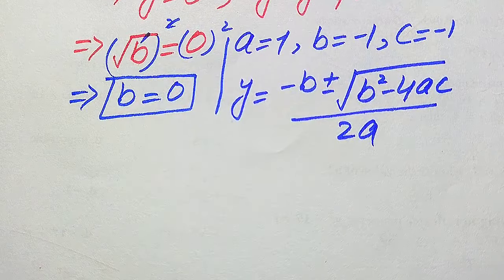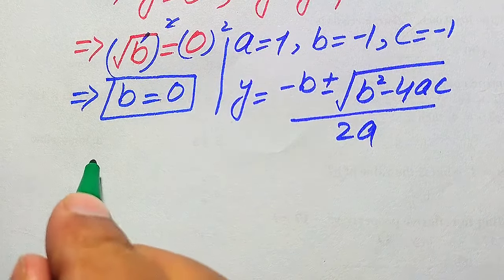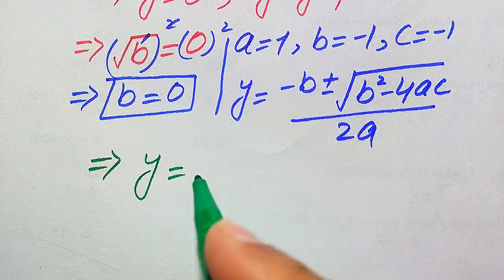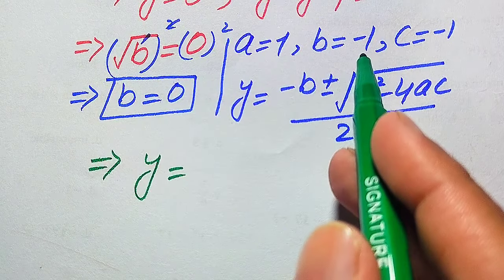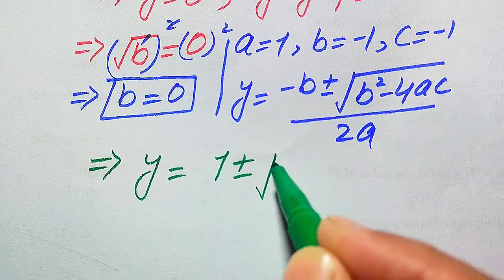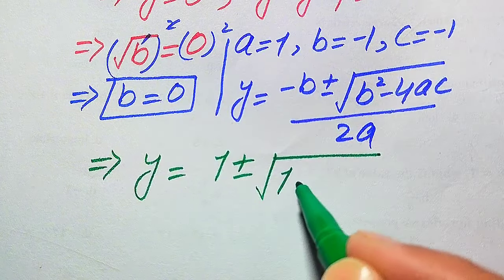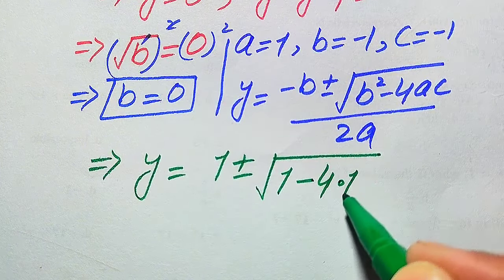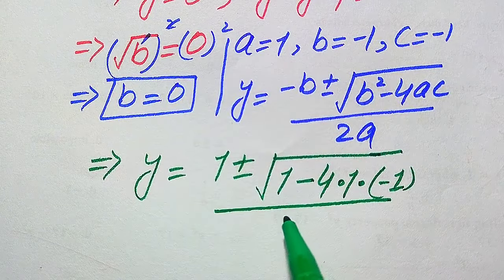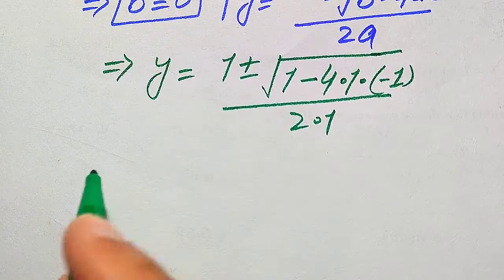This is our quadratic formula, and here we substitute the values of a, b and c, and we first get the values of y and then we get the values of b. So we have y equals minus b, the value of b is minus 1, so minus times minus becomes plus 1, plus minus square root of b squared, where b is minus 1 and minus 1 squared becomes plus 1, minus 4 times a, which is 1, and c, which is minus 1, divided by 2 times a, and here our a equals 1.